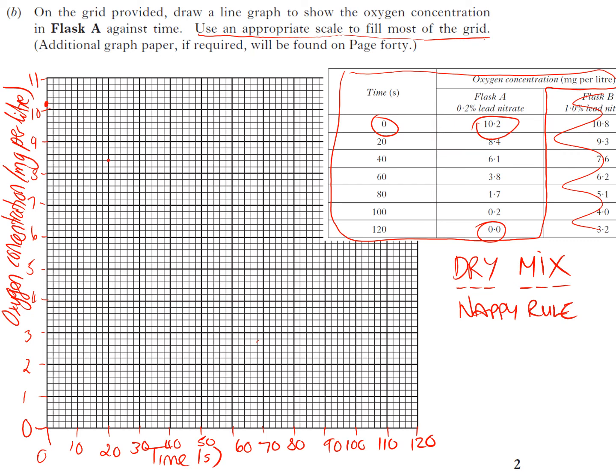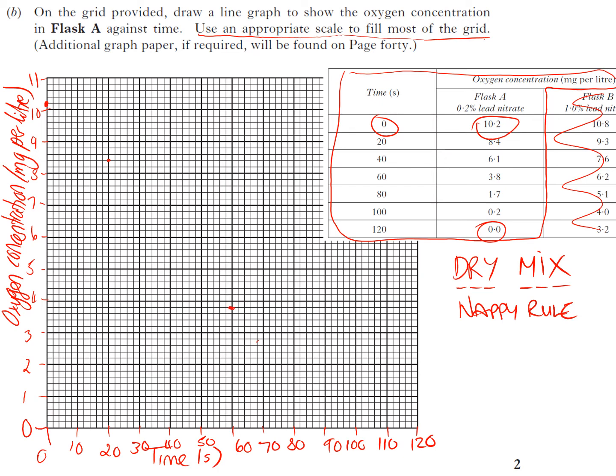8.4 and so on. Okay, it requires you to be within, they expect you to be able to deal with a half box, so that 6.1 has to be between the two lines. If you don't do that, that's not a correct point. 3.8, we're going 6 is 3.8, 3.8, so there.